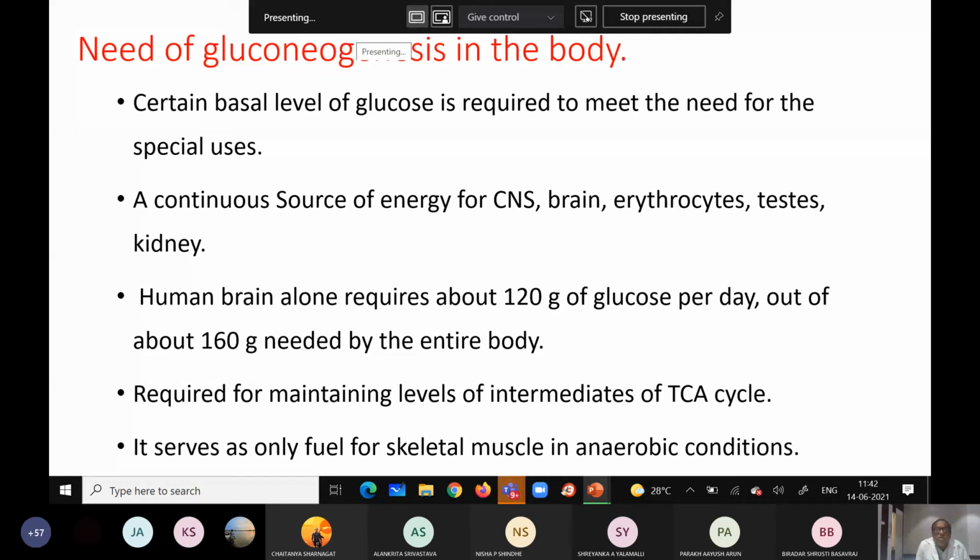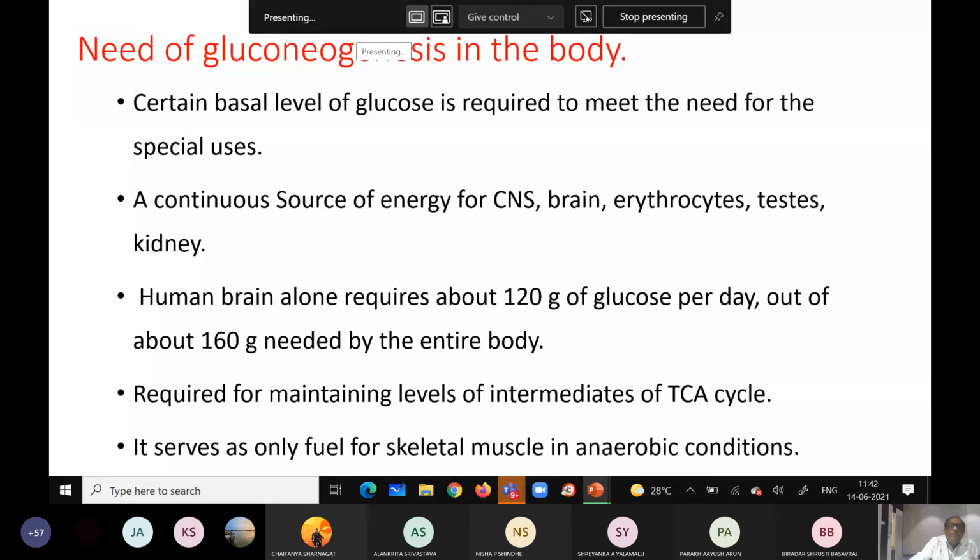The human brain alone requires about 120 grams of glucose per day, and it is required for maintaining levels of the intermediates of the TCA cycle. It serves as the fuel for skeletal muscle in anaerobic conditions. So for all these requirements, there is a need of glucose.